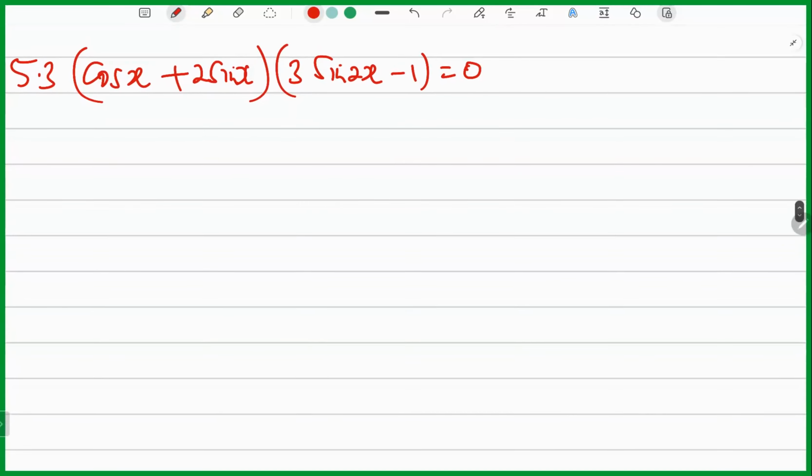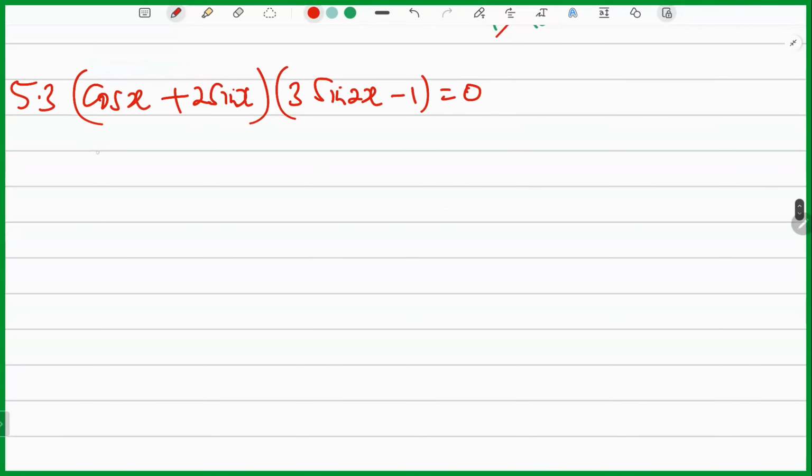Very straightforward. We take the first binomial expression, the first pair of parentheses, and we write cos x + 2 sin x = 0, or 3 sin 2x - 1 = 0.